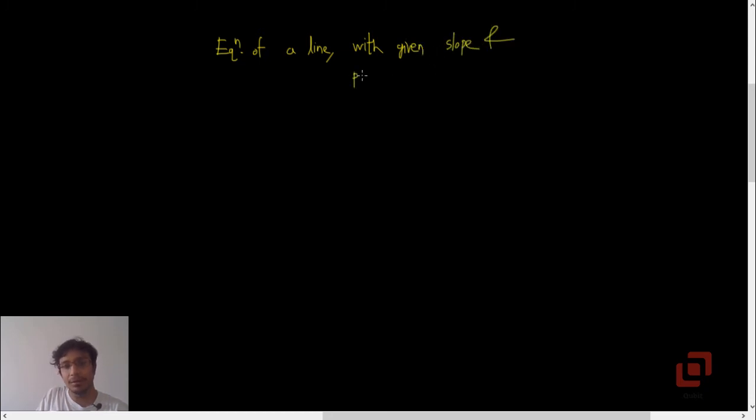And passing through the given point. Okay, so let the point be x1, y1 and let the slope be m.